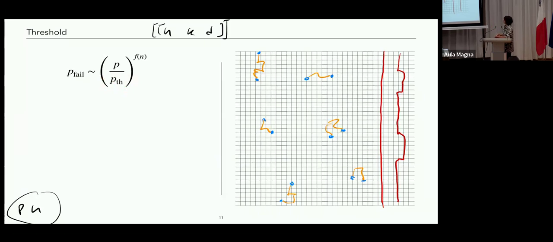Usually it's referred to as a threshold of a code family, but actually, if you tell me that your code family has a threshold, you should also give me a decoding algorithm. So I take a decoding algorithm that does some recovery and a code family, and I ask myself, does there exist a probability such that for all noise rates below that p, if I increase the code size, the probability of my decoder to fail decreases.